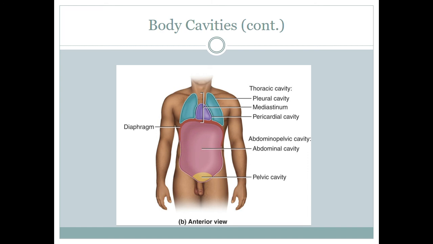The abdominal cavity contains the liver, also the spleen, the small intestines, the large intestines, the stomach, most of the major digestive organs. The pelvic cavity contains the urinary bladder. In the female, it contains the uterus, and also the lower part of the large intestine.